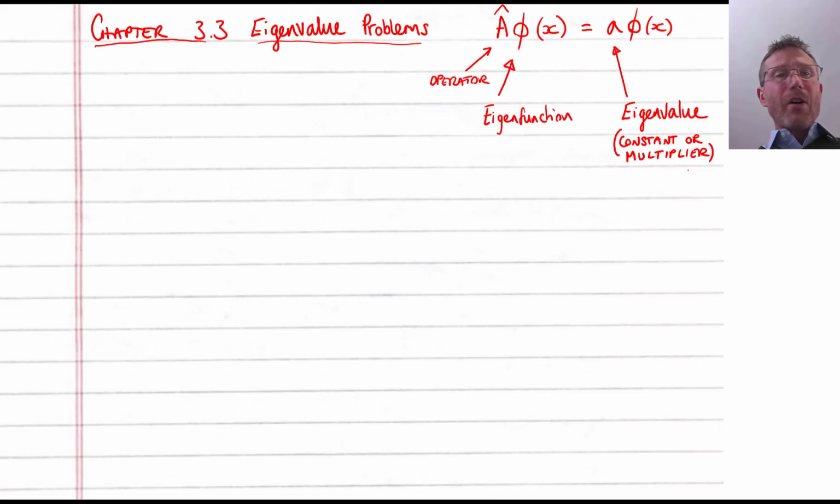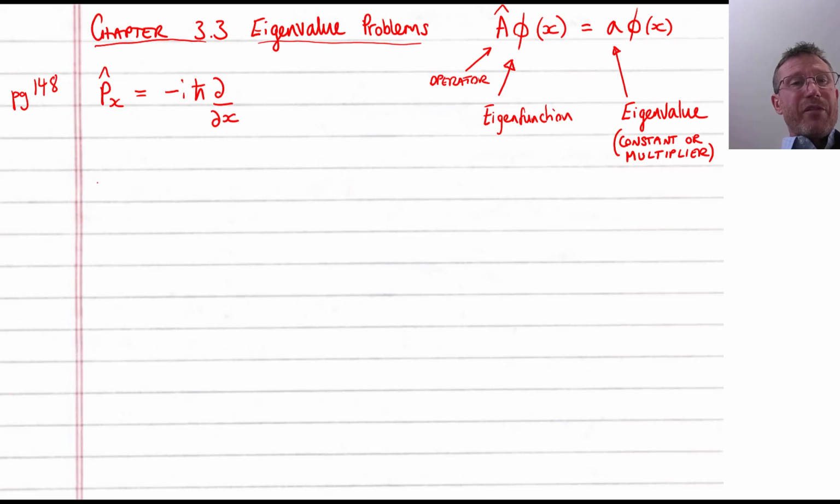The operator for linear momentum, by the way, in the x direction, we can go look that up, and that's on page 148 of the textbook. There's a whole bunch of quantum mechanical operators listed there, but the operator for linear momentum is minus i h bar d by dx.